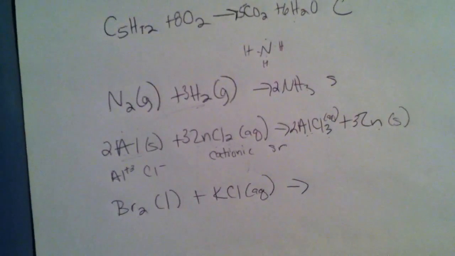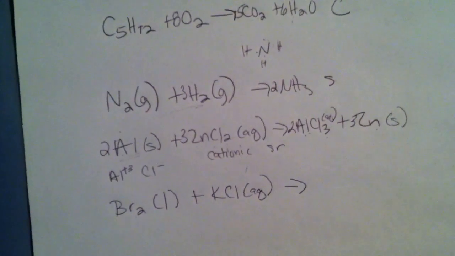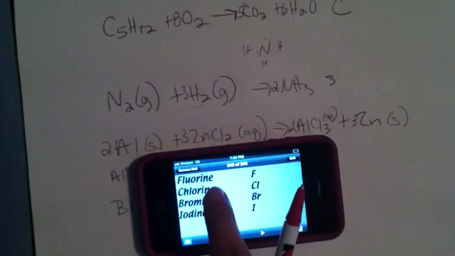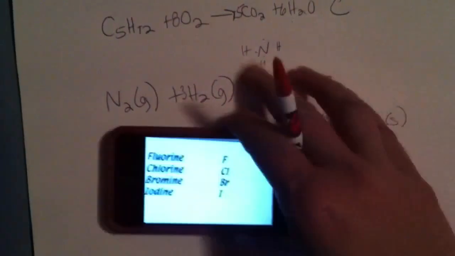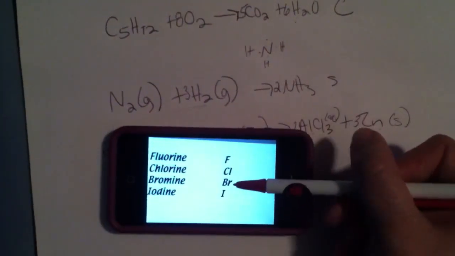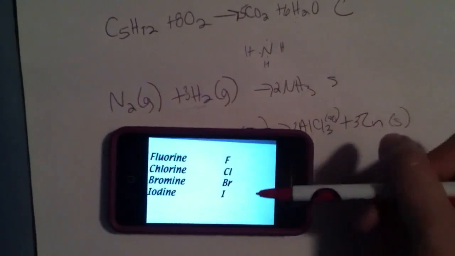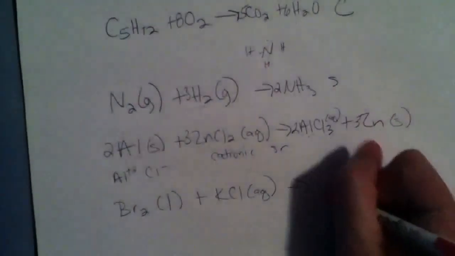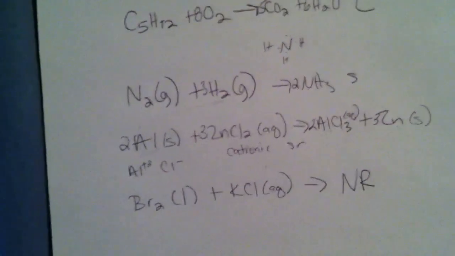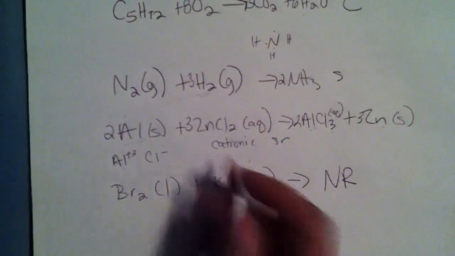So we're going to go to my same picture, get logged into my phone here. Okay, and we're going to come over and look here. All right, so what's trying to happen is bromine's trying to kick out chlorine. Can't do it. Can fall down, can't fall up. This isn't going to happen. This is no reaction.